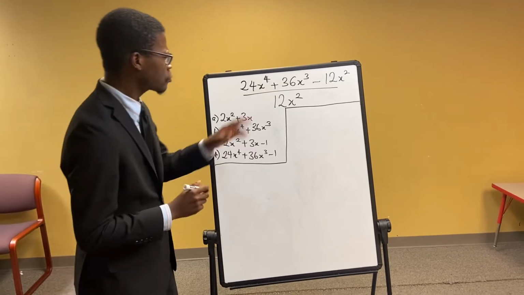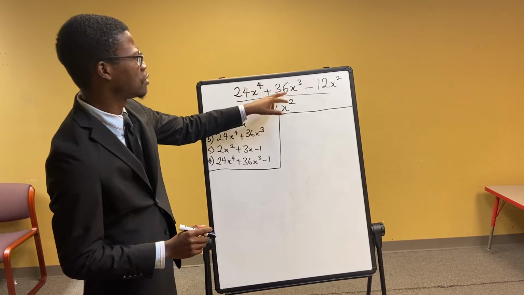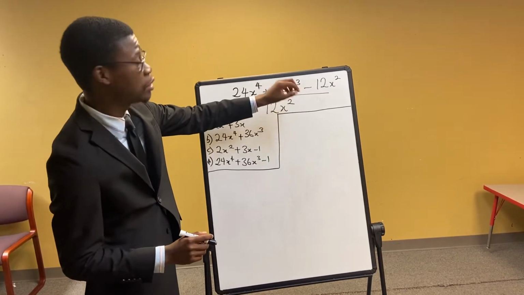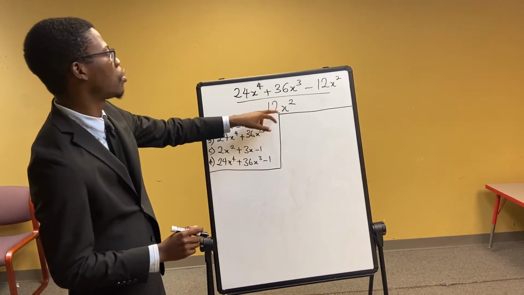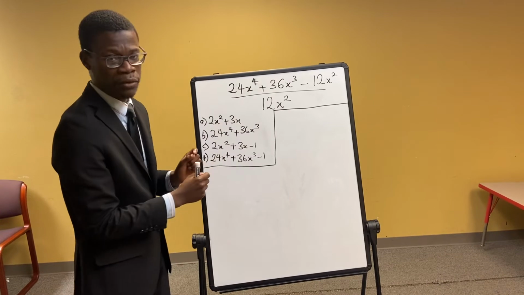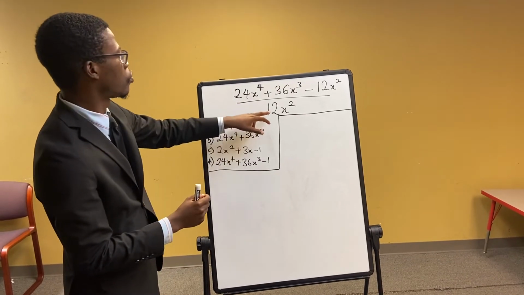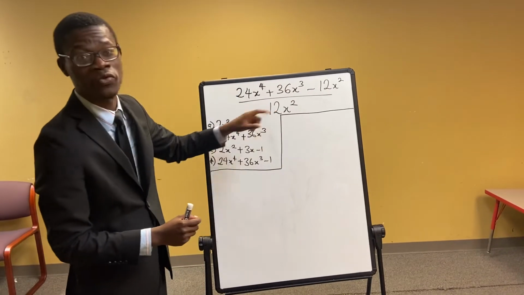All right. So if you look at this expression, we have 24x to the power of 4, plus 36x to the power of 3, minus 12x to the power of 2, divided by 12x squared also. Now if you look at it, 12 is the denominator, right? And all these numbers, 24, 36, and 12, are multiples of 12.